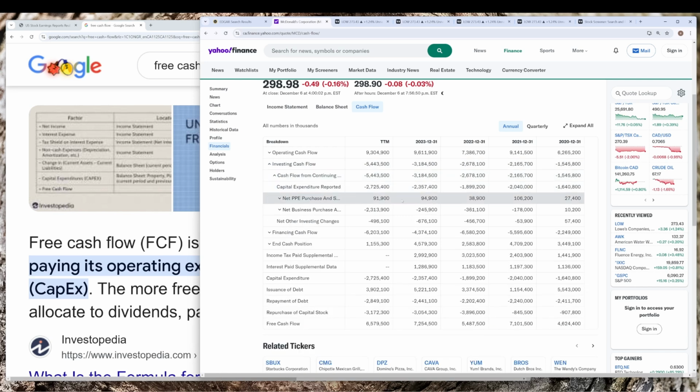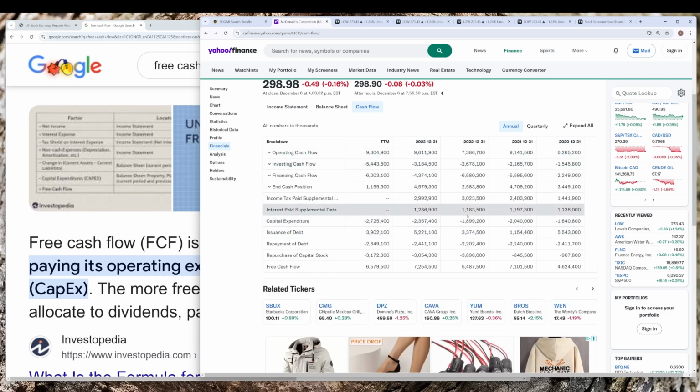PPE. Okay, so very limited real stuff. Business purchases. A lot of business purchases, but not that much going back. Other investments. Yeah, whatever, right? Just random stuff. So these guys are showing really healthy free cash flows relative to their reported incomes.